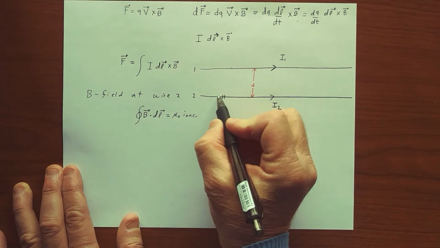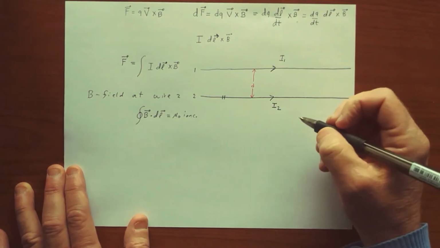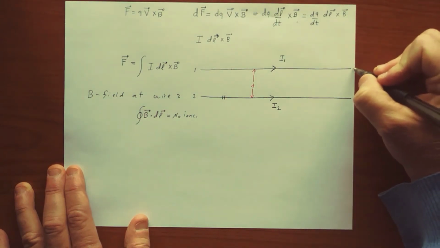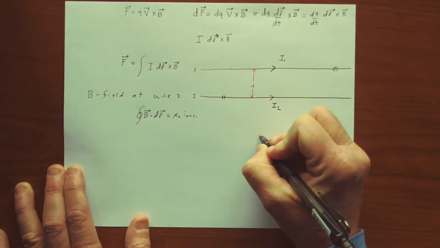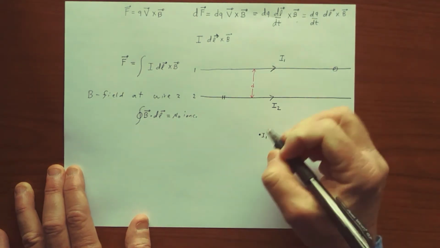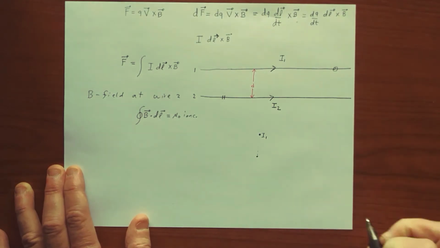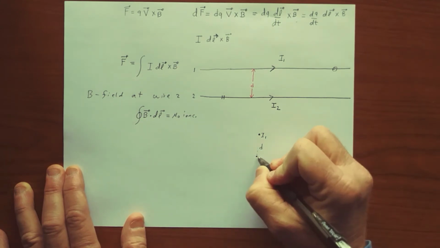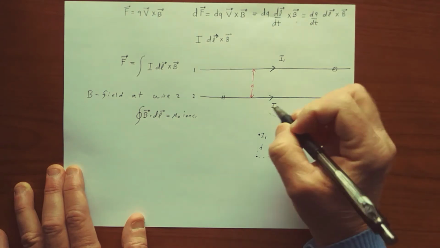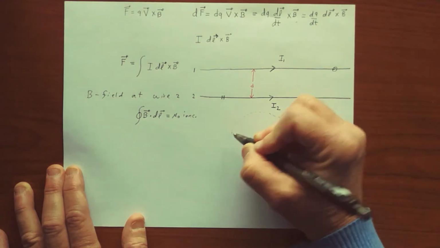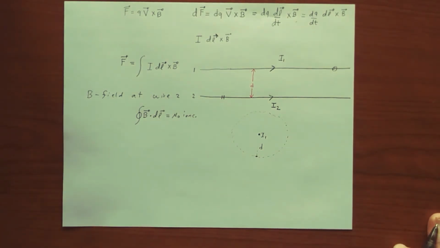This dl is not part of this wire's path. If we put our face right here and have the current I1 coming straight at us, and we want the field at a distance d below the wire, then the path of symmetry on which the magnetic field produced by the current I1 must be the same everywhere is at a distance d.